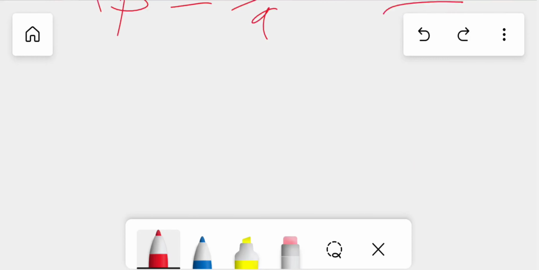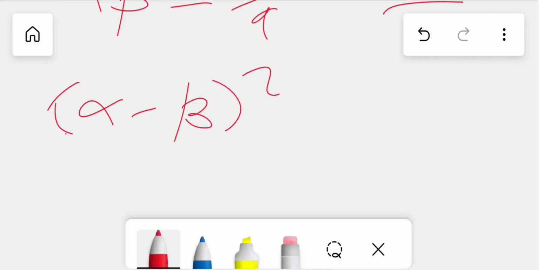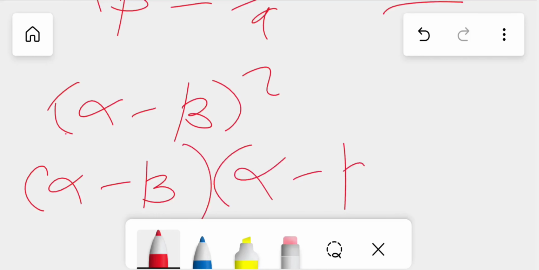Here we are asked to find the value of the expression (alpha − beta) raised to the power 2. This expression is going to be expanded as (alpha − beta)(alpha − beta).